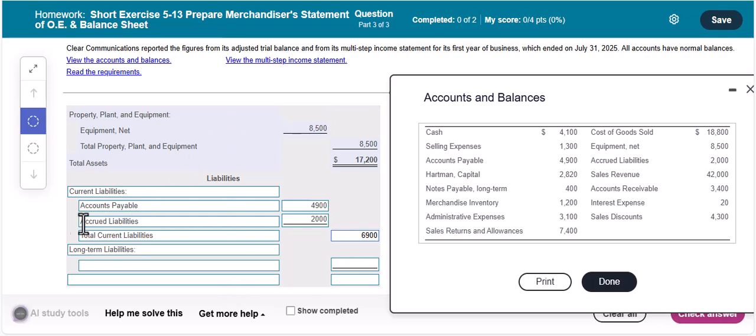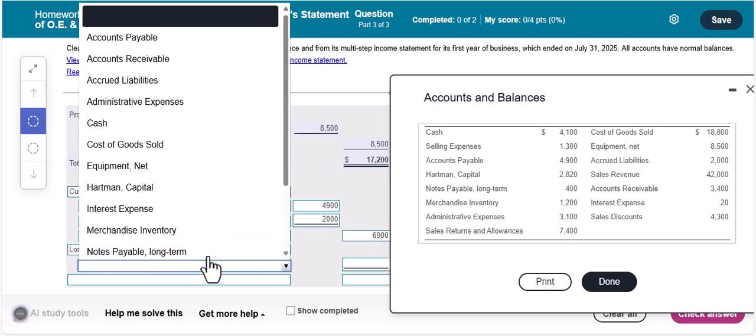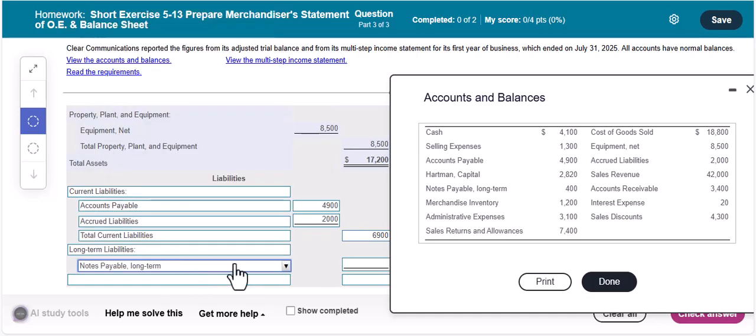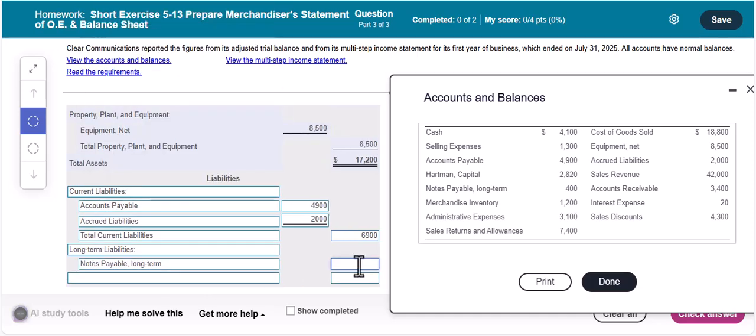And then we have our long-term liabilities. So let's see what we have. I see just one. It says notes payable long-term for 400. We have only one spot for that, so that's picked. So we have notes payable long-term for 400. And now again, we have that horizontal line here, so they want us to tie up our liabilities section.